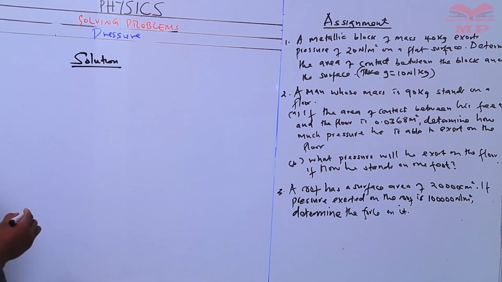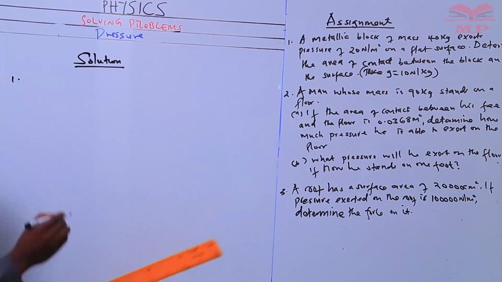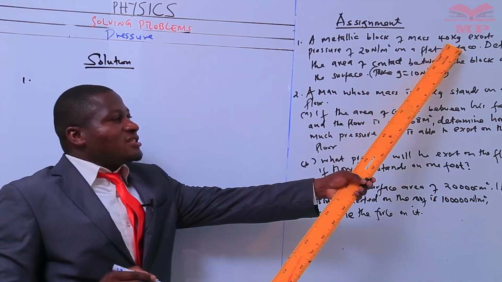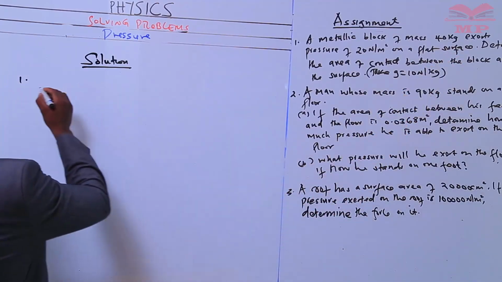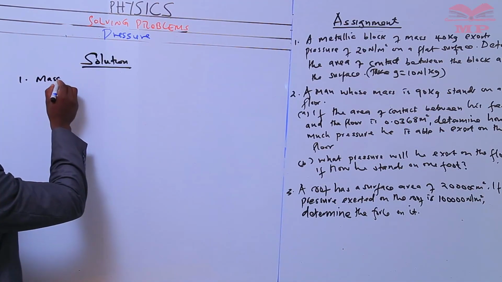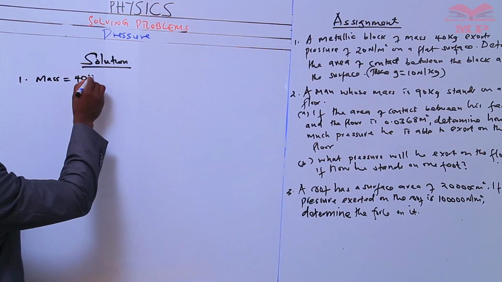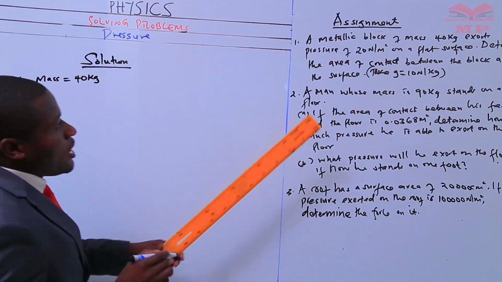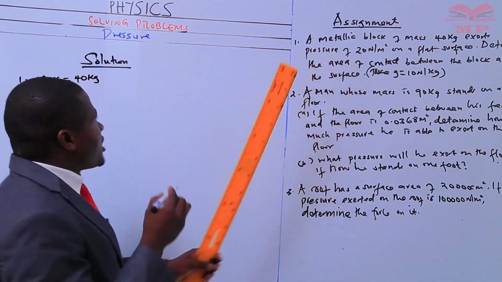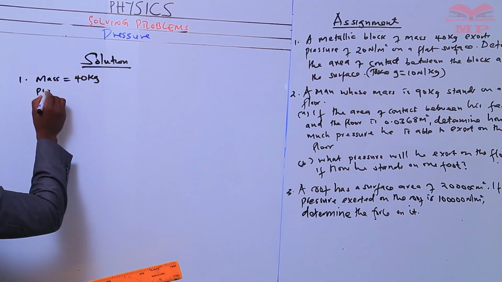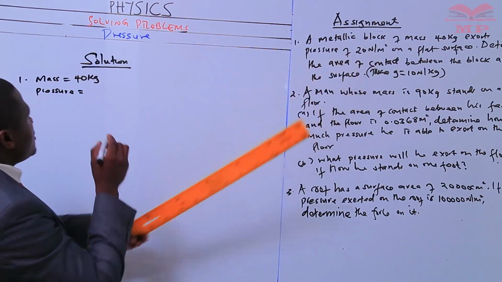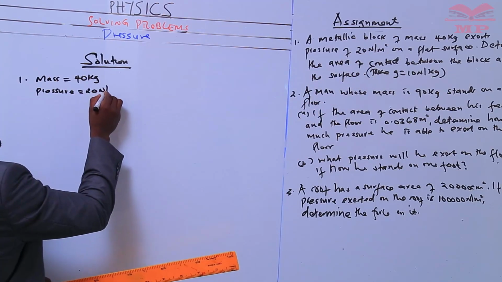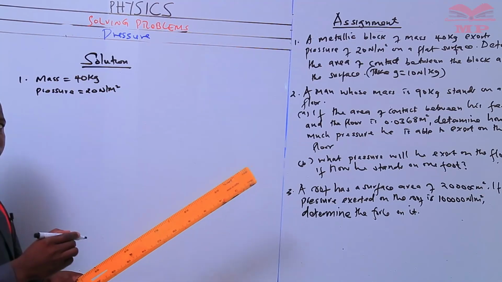We have been given, in question 1, the mass as 40 kilograms. Then we have pressure as 20 Newton per meter squared.